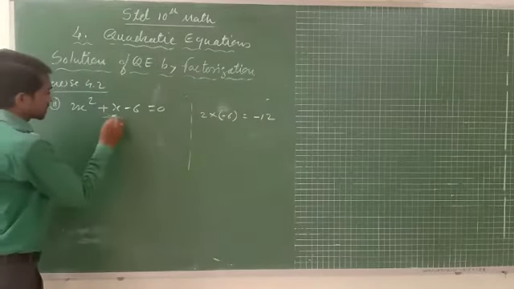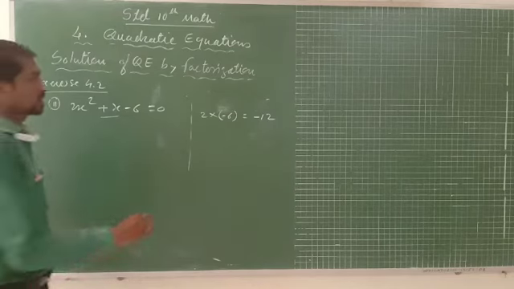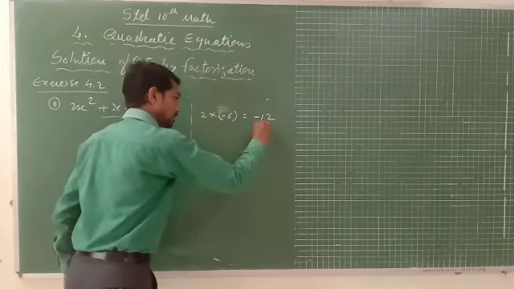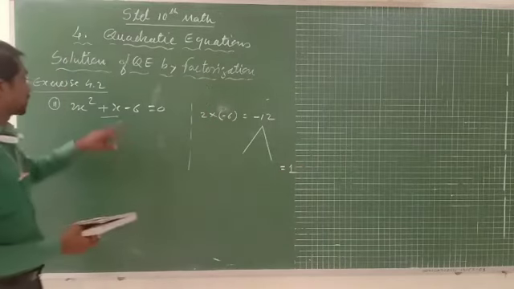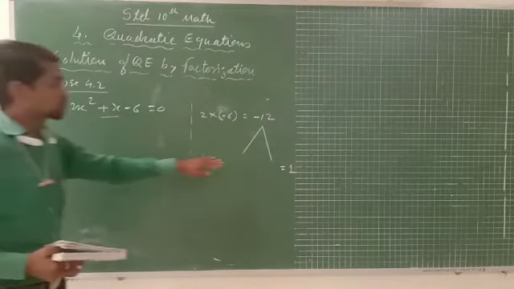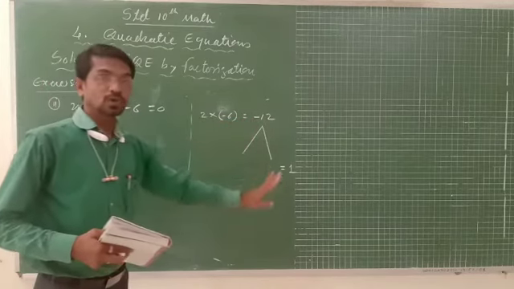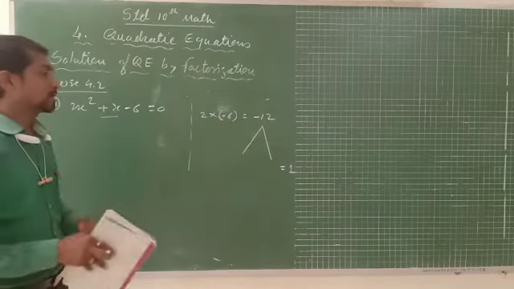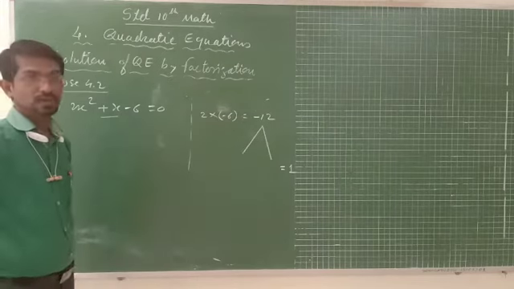Split this x. What is the coefficient of this one? 1, that is 1x. So the addition is 1, the coefficient of x. These two numbers' multiplication is minus 12 and their sum is equal to 1. Okay, think about this and try to solve.